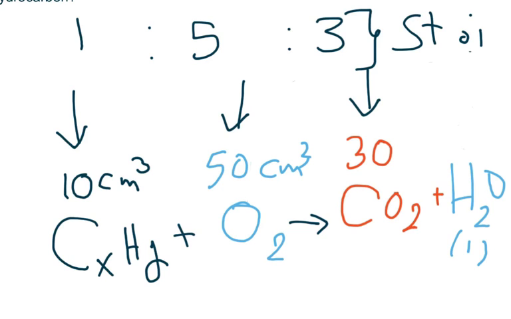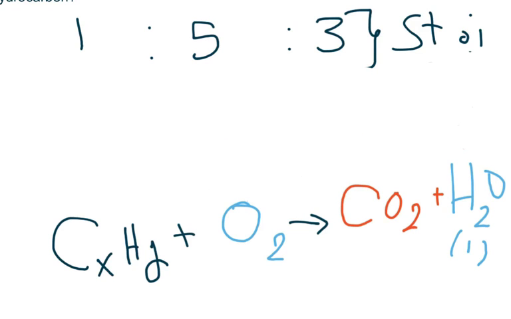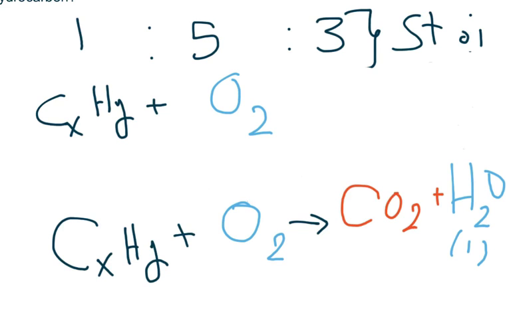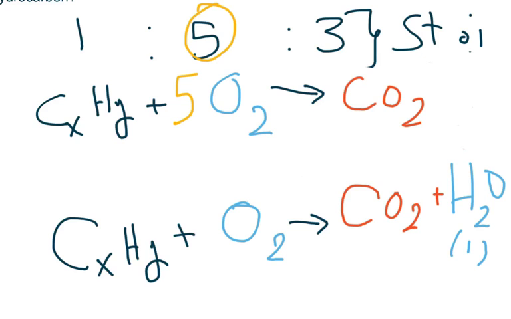What I mean is that if we rewrite this equation, and we have the CxHy here, and we have O2 here, and we have our lovely CO2 here, then we should go, okay, with 5 O2, and this is 1, and 3 from here.